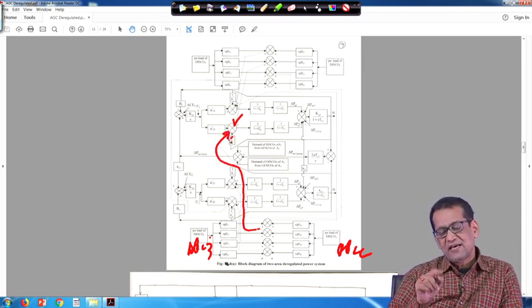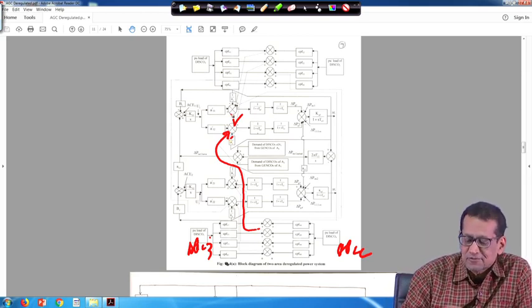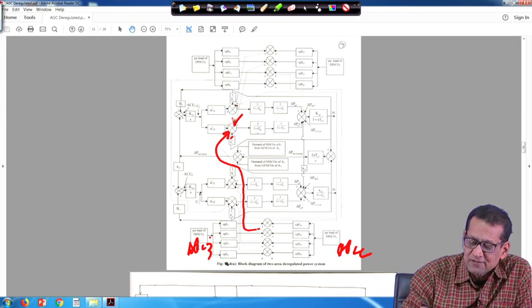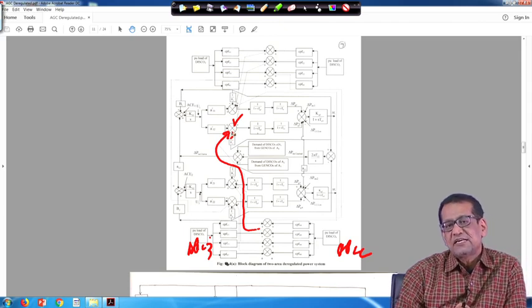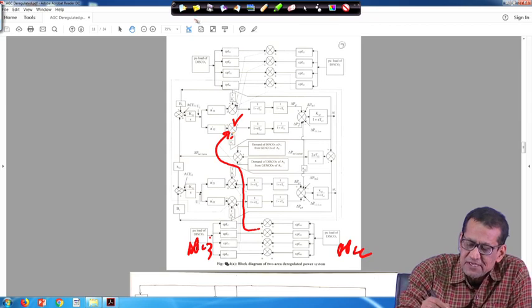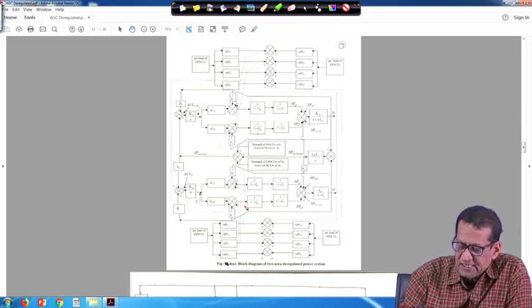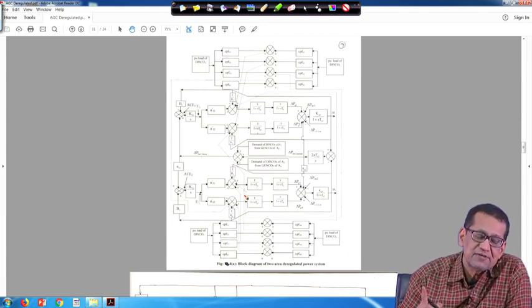So you have to give the feedback of the total contracted power here. If you sum it up, it will be delta P1, similarly here it will be delta P2. Similarly, in area 2, you will have delta P3.